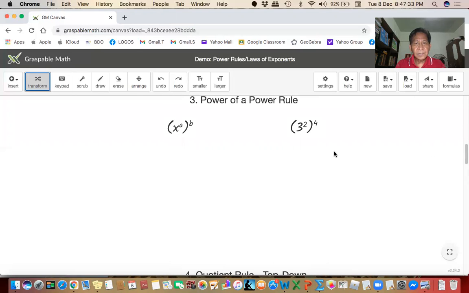Now, the third rule is the power of a power rule. As you can see in the examples, you have an expression with a power and it's raised to another power.